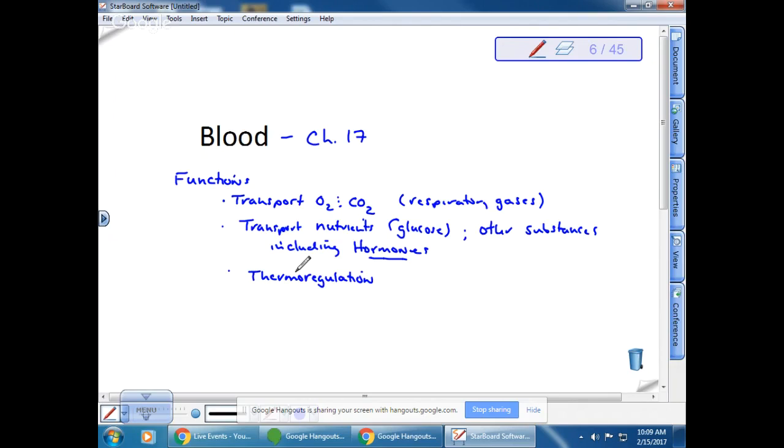Or you could take blood away in order to keep the core body temperature up, or you could send blood out to the surface of the skin when you're sweating in order to rid your body of heat, right? So this can warm up extremities, right? Or cool down the body when hot.